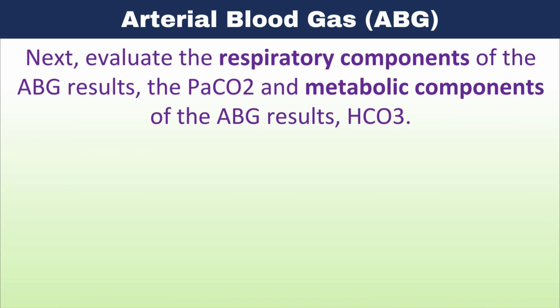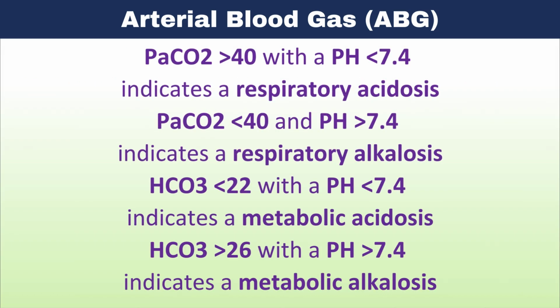The next step is to evaluate the respiratory and metabolic components of the ABG results, the PaCO2 and HCO3 respectively. The partial pressure of carbon dioxide indicates whether the acidosis or alkalemia is primarily respiratory or metabolic. Partial pressure of carbon dioxide more than 40 with a pH less than 7.4 indicates respiratory acidosis.